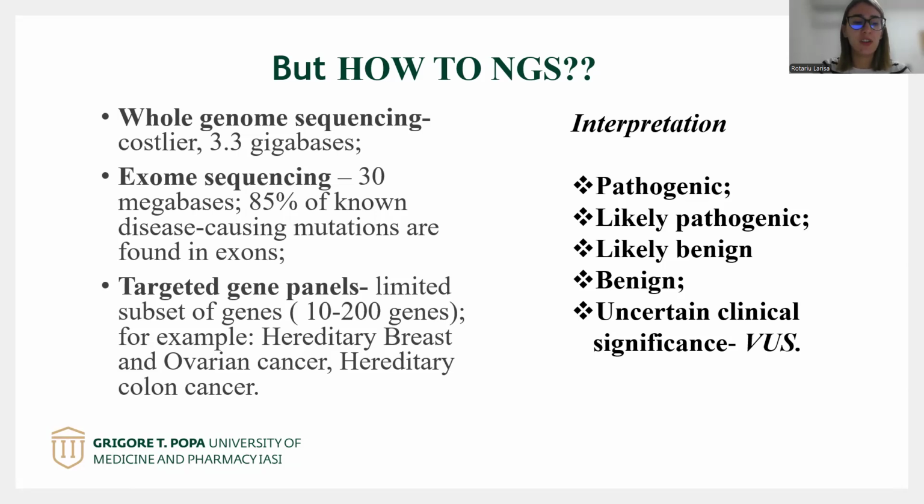But the main disadvantage is that exome sequencing could potentially miss a pathogenic variant in a non-coding region of the genome, and we have targeted gene panels. In oncology, we use it for hereditary breast and ovarian cancer and hereditary colon cancer. For interpretation, we have five possibilities from pathogenic to VUS.